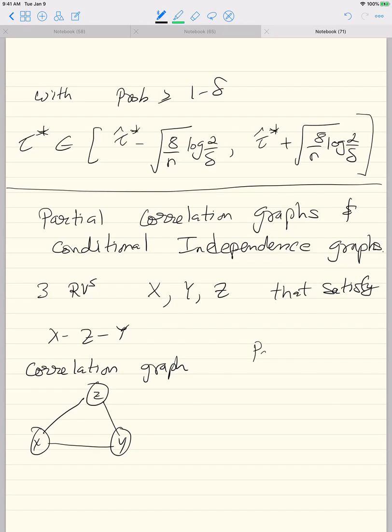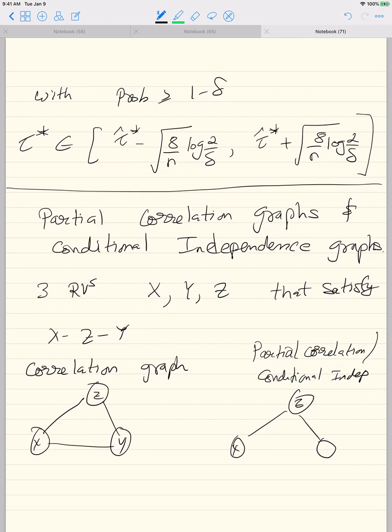But if we were to consider a partial correlation graph or conditional independence graph, then these graphs would not put an edge between x and y because they are conditionally independent given z. So this is the right structure that we want to use, and next lecture we will see how these methods will allow us to construct such graphs.